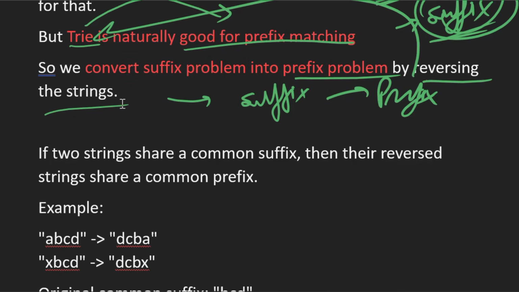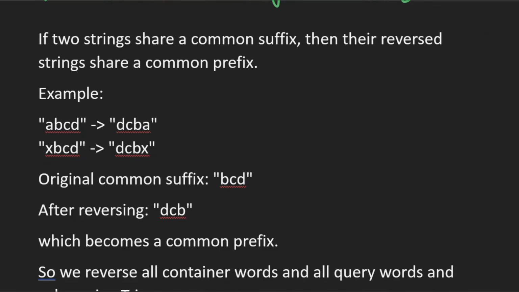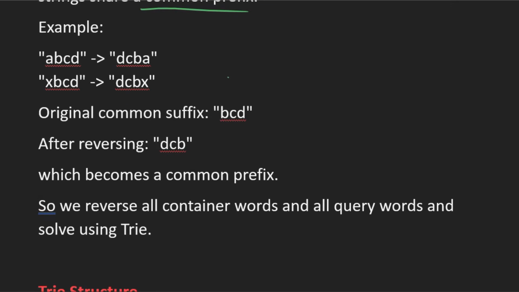Suppose two strings share a common suffix. When we reverse them, their prefix will also be the same, they will also share a common prefix. If we see an example, we have abcd and we have xbcd.